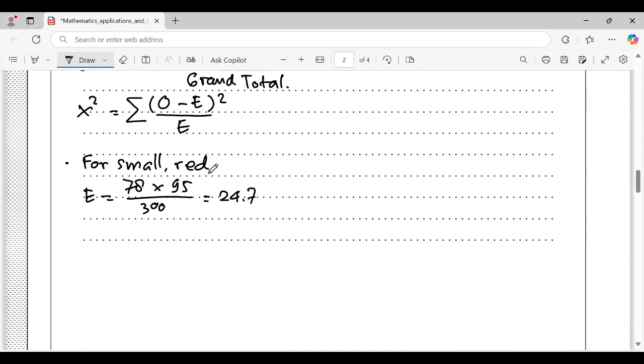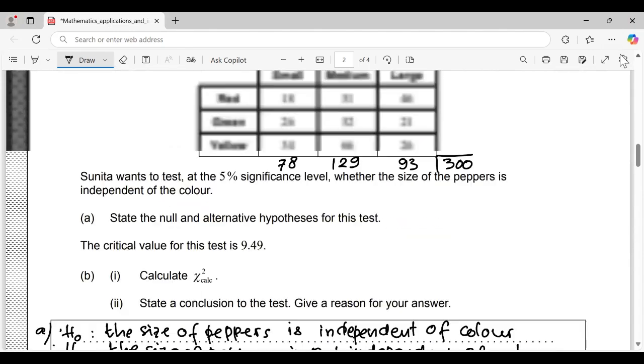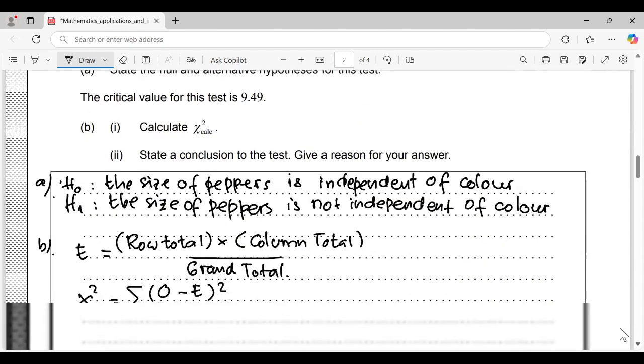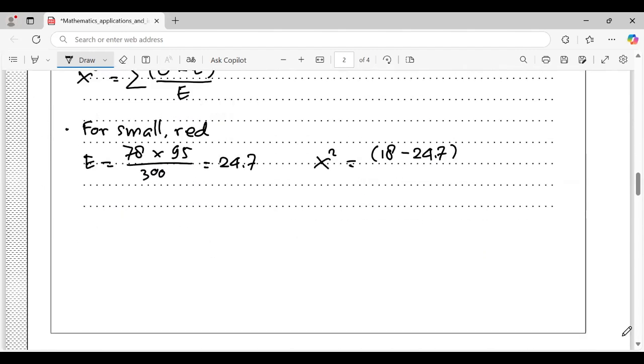And the chi-square calculation for small red: 18 minus 24.7, 18 because small red is 18, squared according to the formula, over 24.7, because that's the expectation.